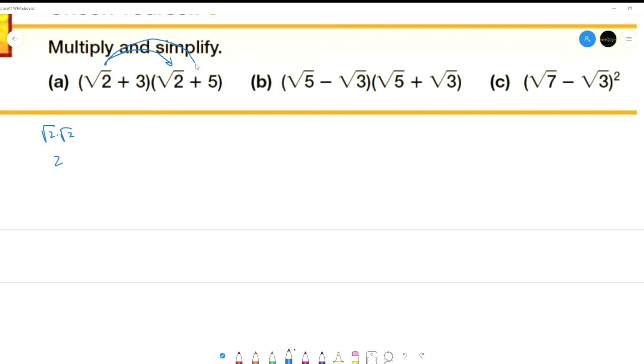And then my outer is plus 5 root 2, my inner is plus 3 root 2. And my last is 3 times 5 is 15, right? So now I can combine. So 2 plus 15 gives me 17, plus 5 root 2 plus 3 root 2 is 8 root 2.